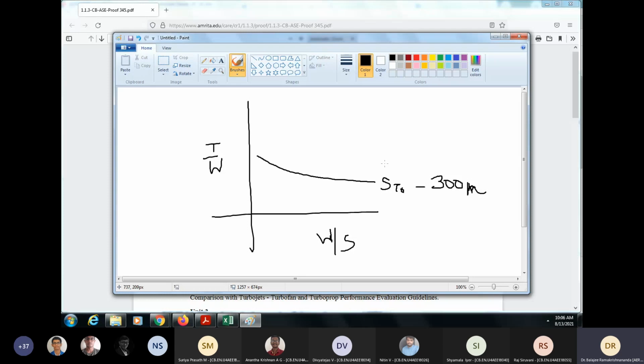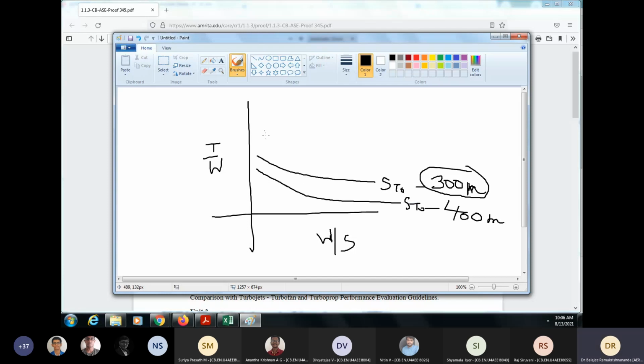Now, if you plot another one for, say, just takeoff of 400 meters, then you don't want that, correct? You don't want to be in that region. You want it to be 300 meters. If takeoff is 400 meters, that means it's a wrong area.